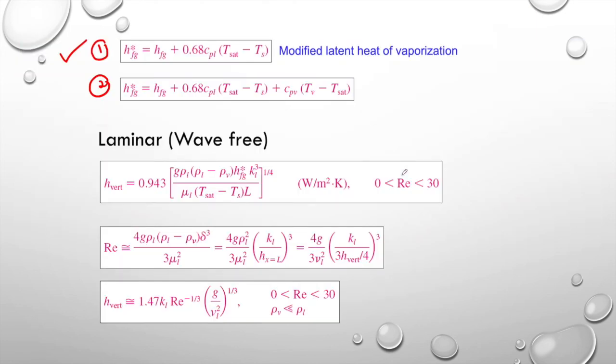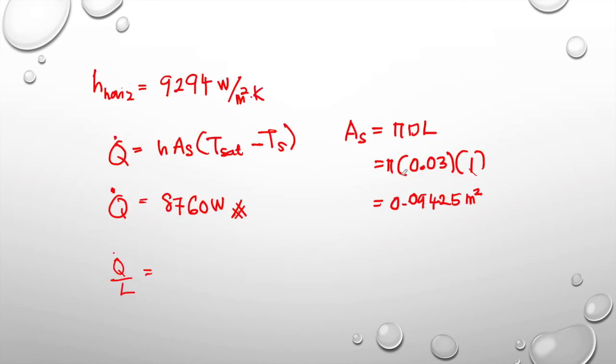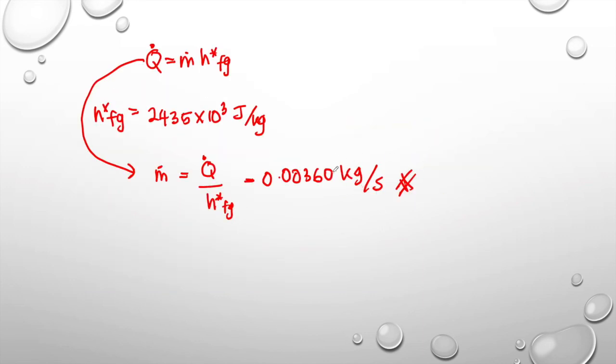So if you remain the length as it is, then this m dot will be kilogram per second per meter. If you assume 1 meter, then you will have these kinds of value. So this is for rate of condensation per 1 meter length.